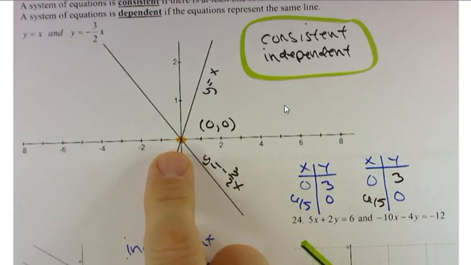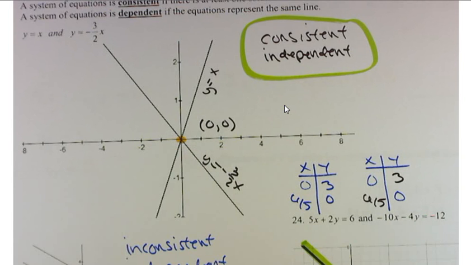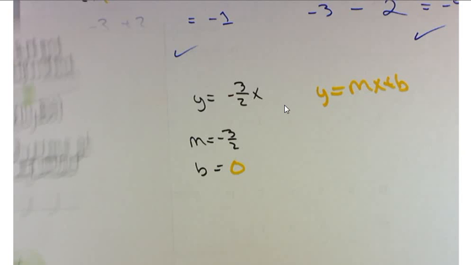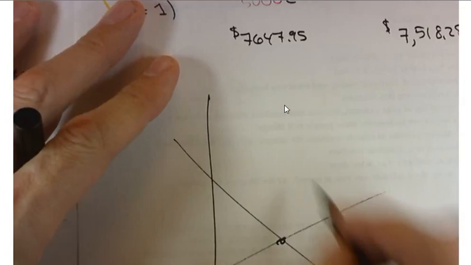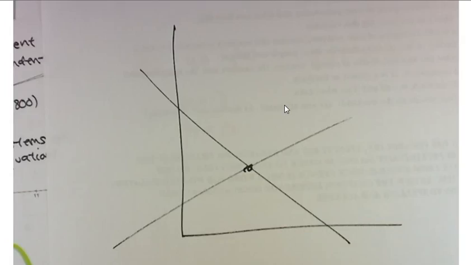It's not uncommon for me on an exam to give a nasty set of equations involving fractions, etc. And then I'll say, use the graph to help solve the system of equations.